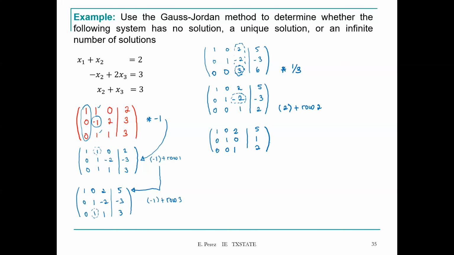So the last one is making this equal to 0. So we are going to multiply now this times -2, and we're going to add it to row 1. So this was to get to this point, and this was to get to this point.